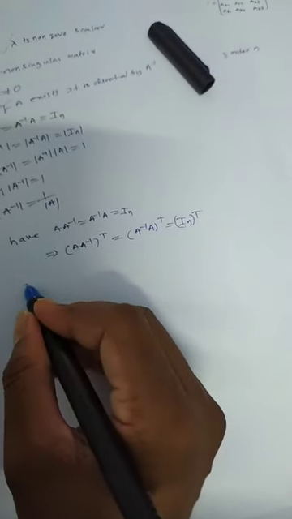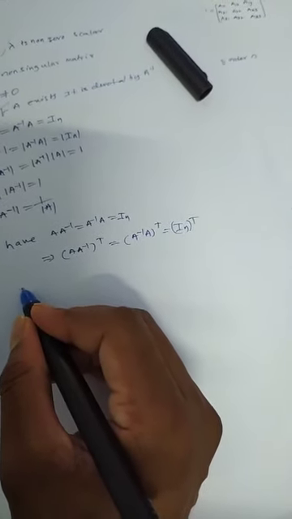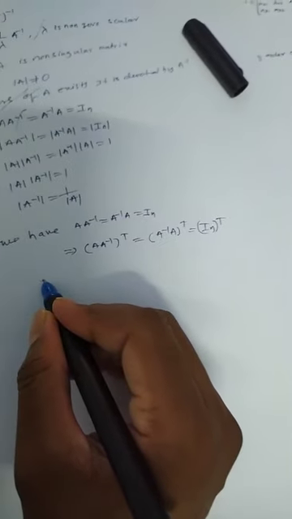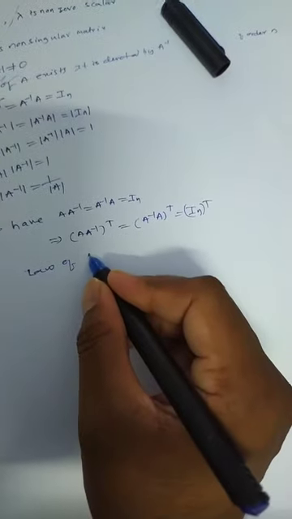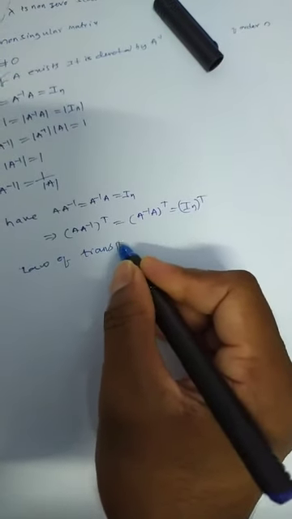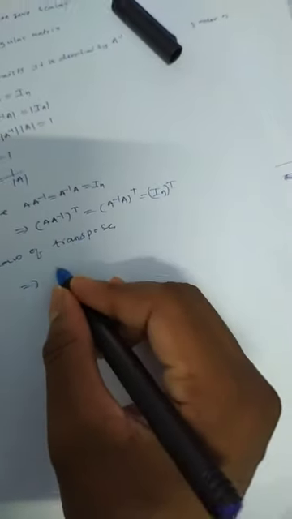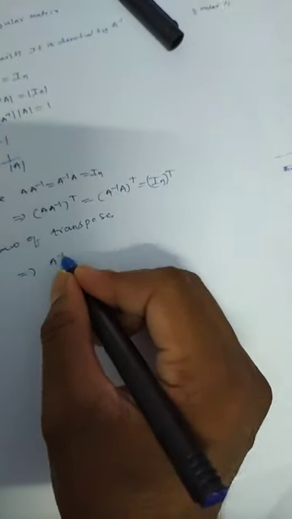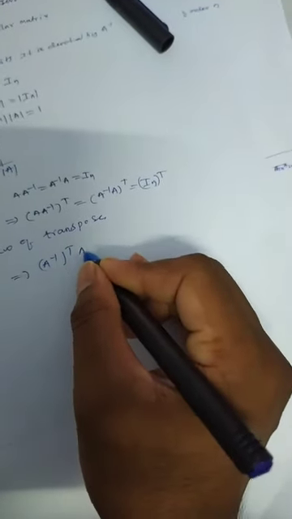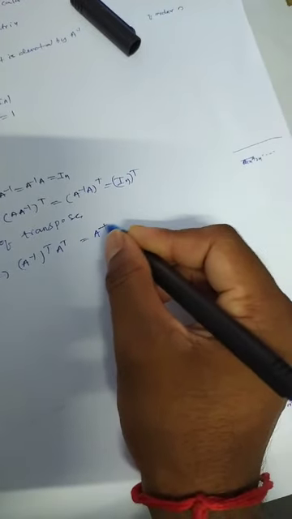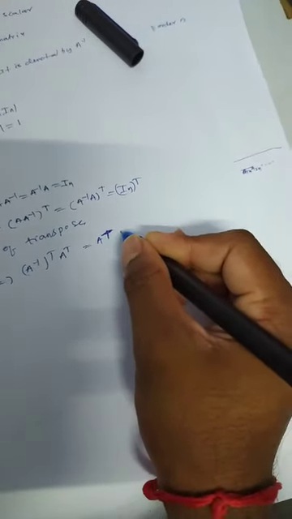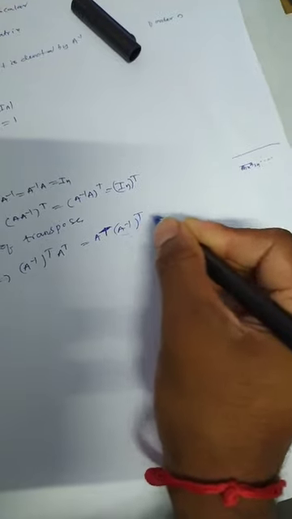By using the reversal law of transpose, you will get for the first one A inverse whole transpose into A transpose is equal to A transpose into A inverse whole transpose is equal to IN transpose, IN.